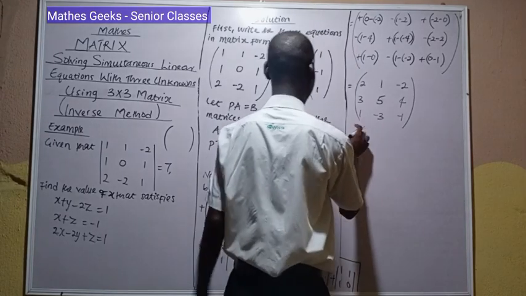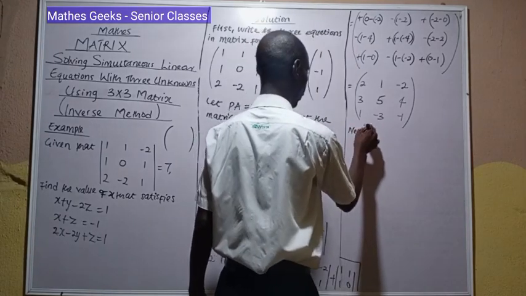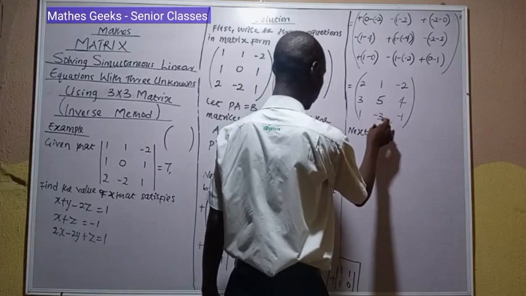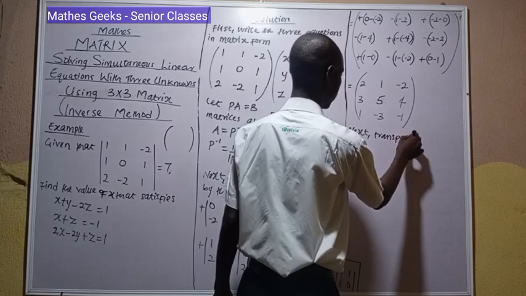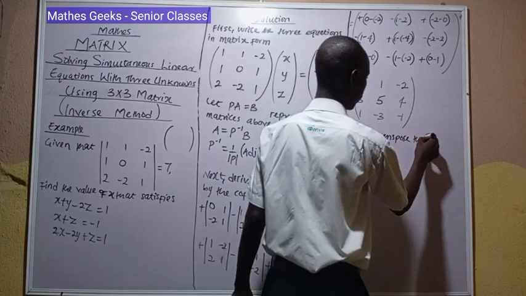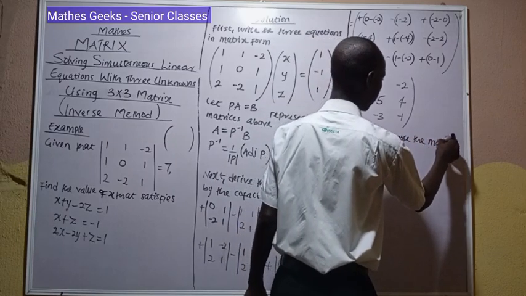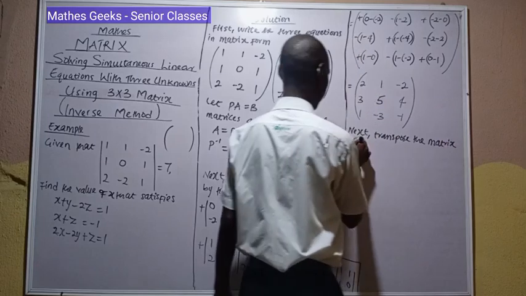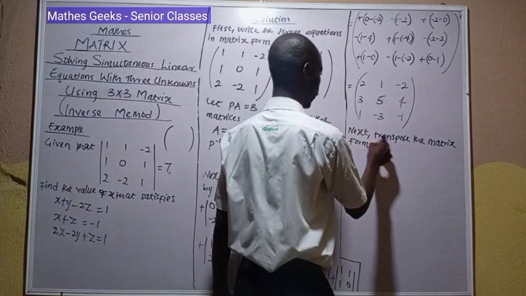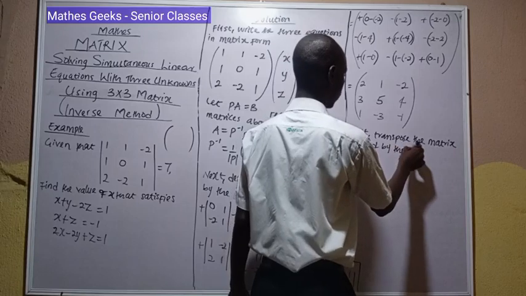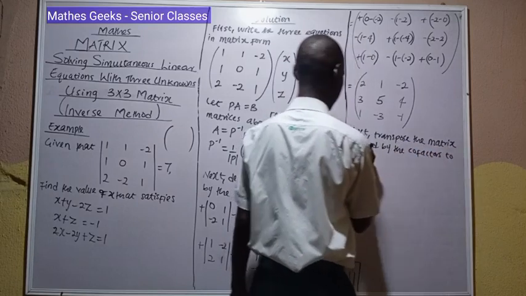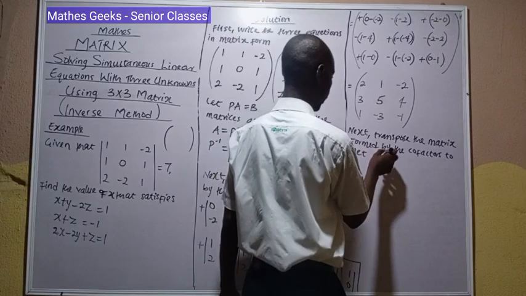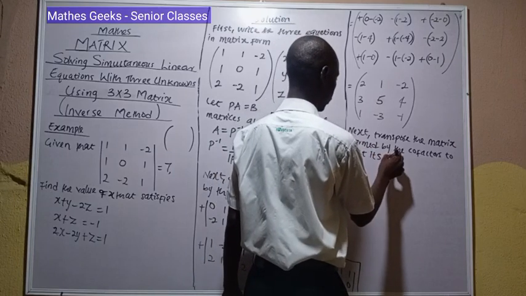The next thing we're going to do is transpose the matrix formed by the cofactors to get its adjoint.